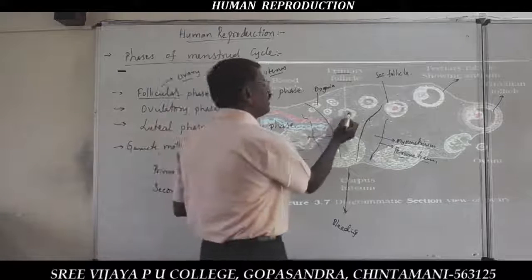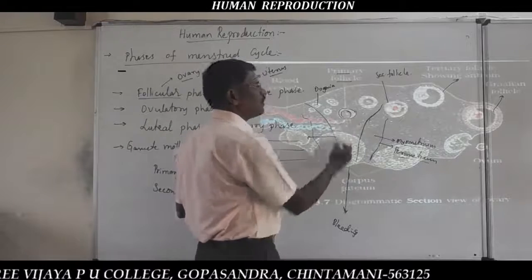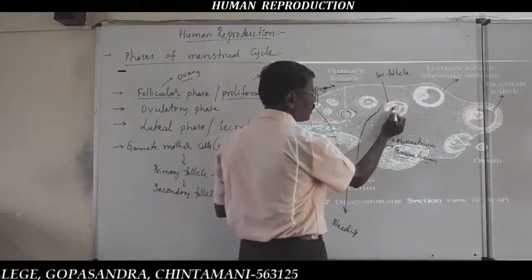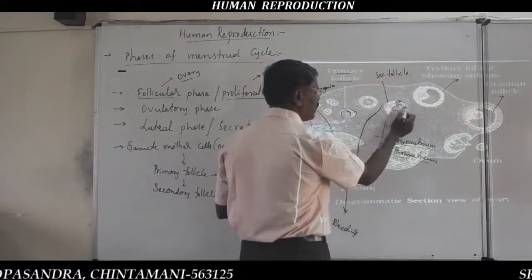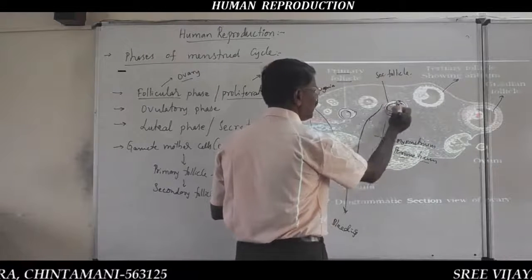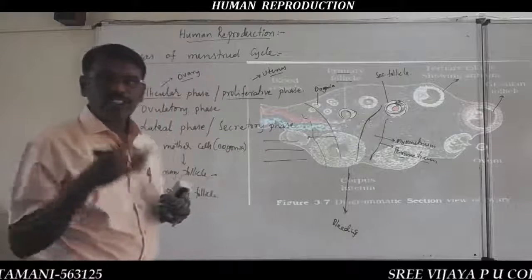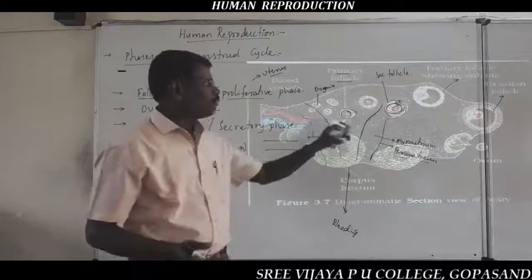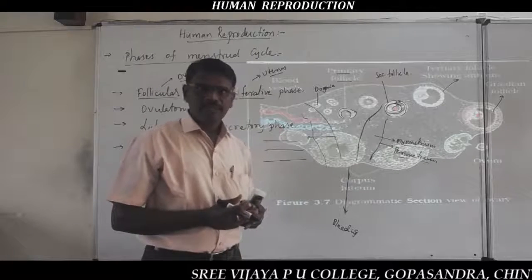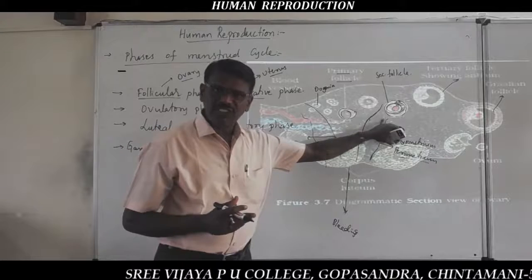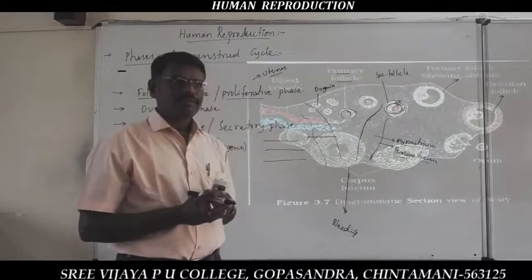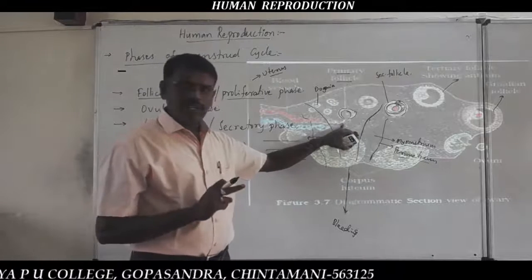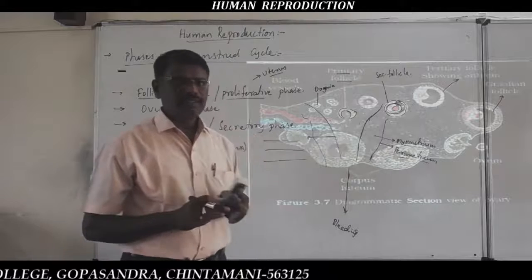See here, it is covered with a number of layers of granulosa cells around the primary follicle. That is what we call the secondary follicle. The gamete mother cell develops as the primary follicle, and the primary follicle develops as the secondary follicle.